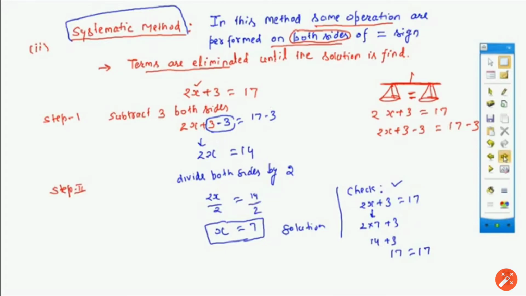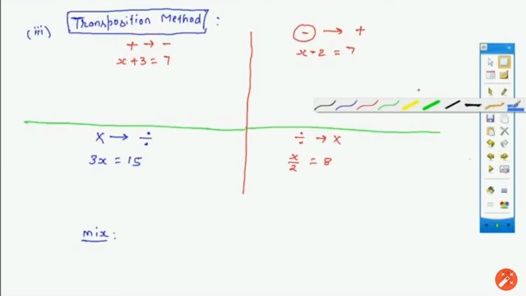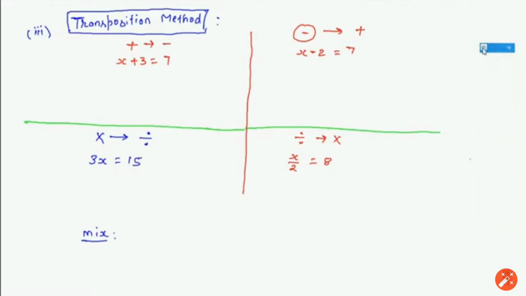Students, now we will discuss the transposition method, the third one. In this method, we take an example: x plus 3 is equal to 7.